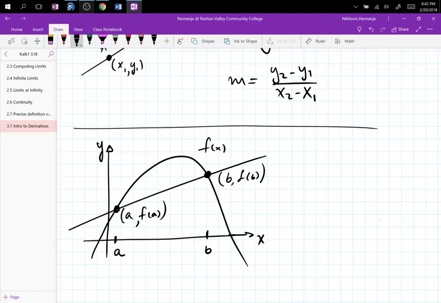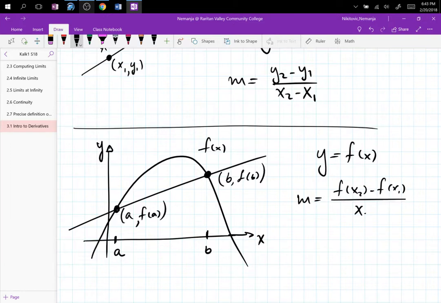F of A and F of B are y values, so our good old slope formula, instead of using x's and y's, we have the notion that y is now f of x. I can recast this formula as f of x2 minus f of x1 divided by x2 minus x1. Or, to use the letters from our picture, slope would be f of b minus f of a divided by b minus a.